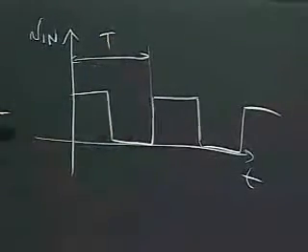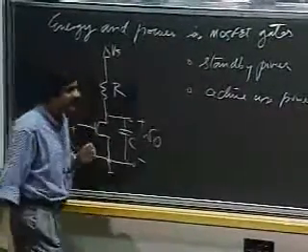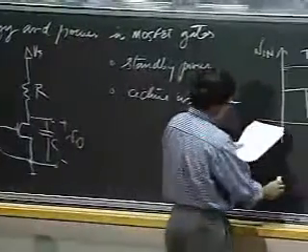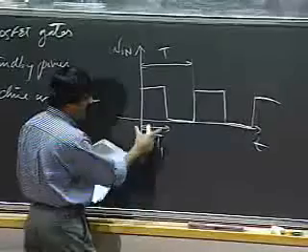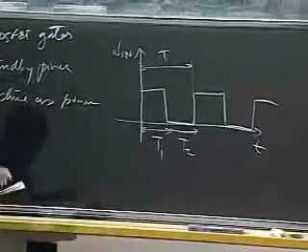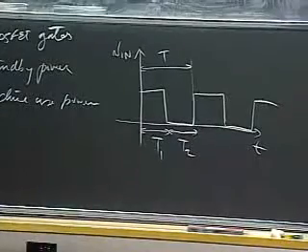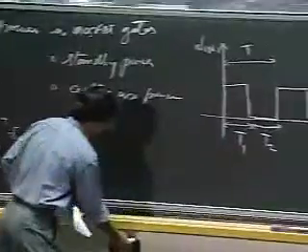The period applied at the input. So I'm switching the inverter on and off, on and off, T1 seconds for the high, T2 seconds for the low. So this is the inverter, and this is the input signal, and we'll keep coming back to that again and again.